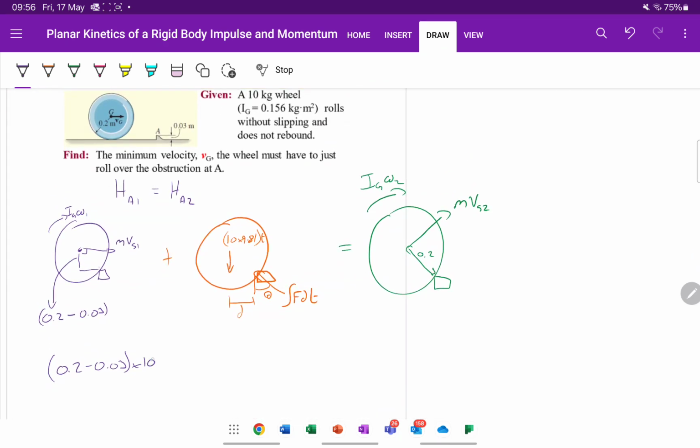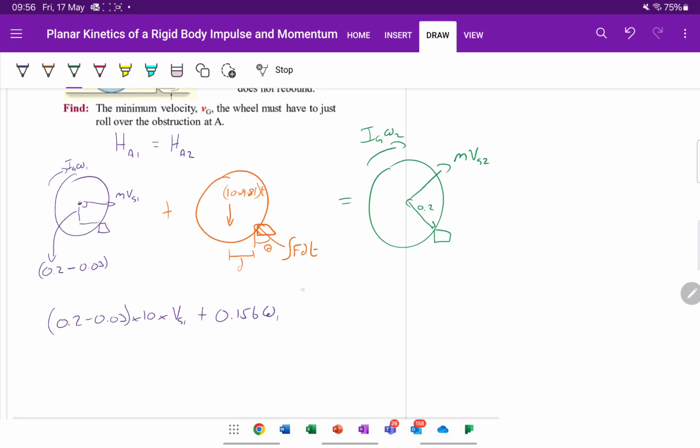M is 10. Vg we do not know. The inertia is 0.156. And omega 1 we don't know. We're going to skip over the orange diagram because momentum is conserved in this.